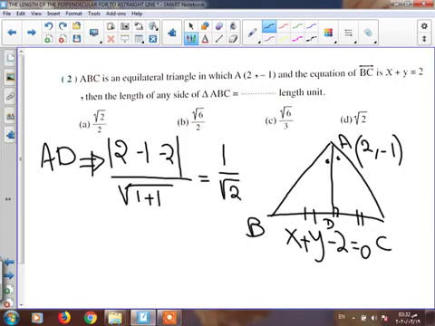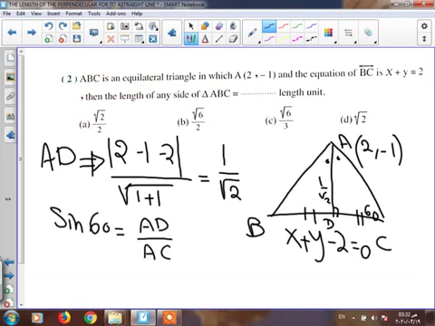So now we can say that sine 60, and here AD is 1 over root 2. Each angle is 60, right? So sine 60 equals AD over AC, opposite over hypotenuse.